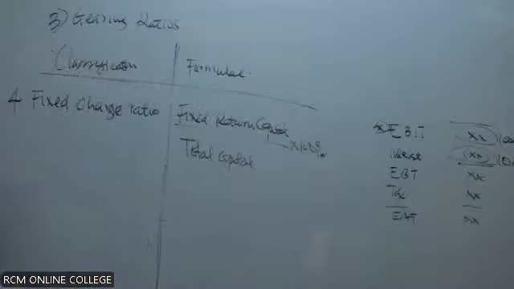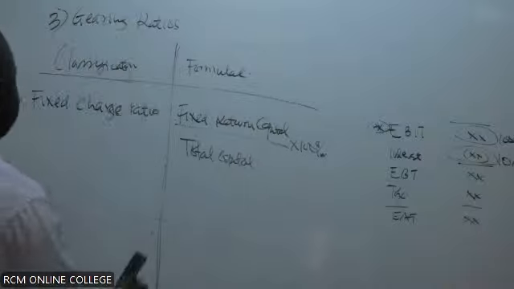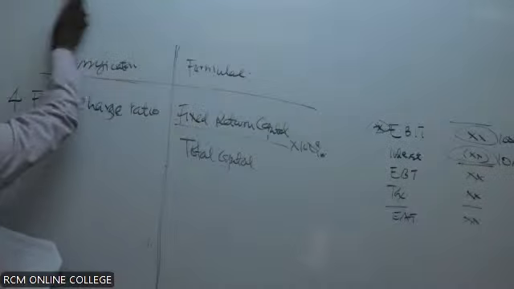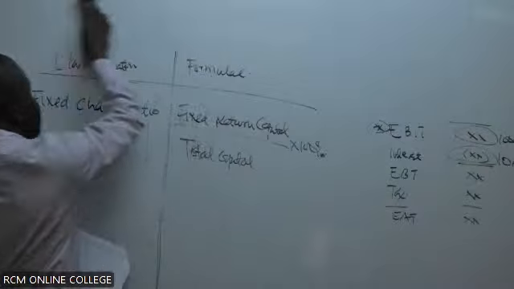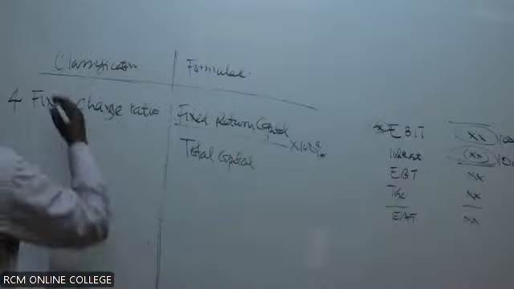So you can now look at category number 4, activity ratios.